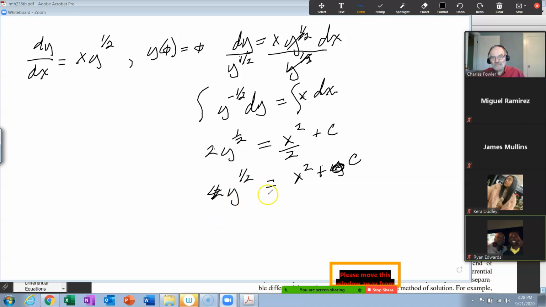So if we solve this for y, I guess we really wanted the 4 over there, or we can square both sides.